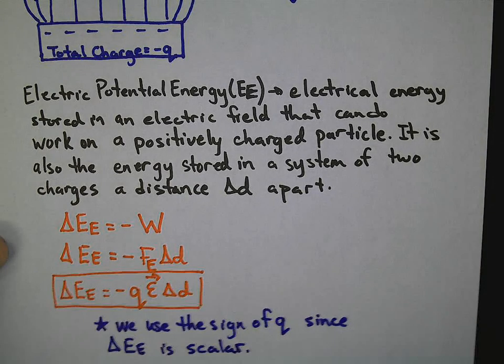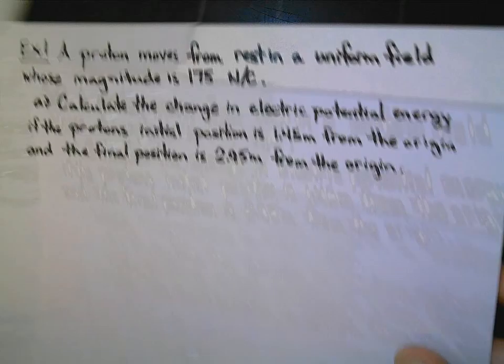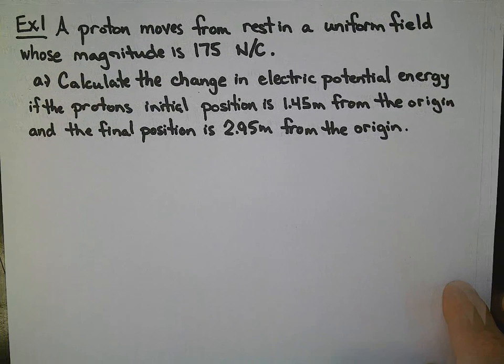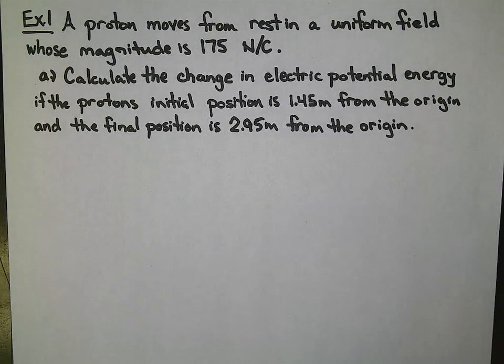So what might happen, or what does happen, if we have a proton that starts from rest in a uniform field and has a magnitude of 175 newtons per coulomb? Let us calculate the change in electric potential energy if the proton moves from those distances. So what actually are we given in this case?